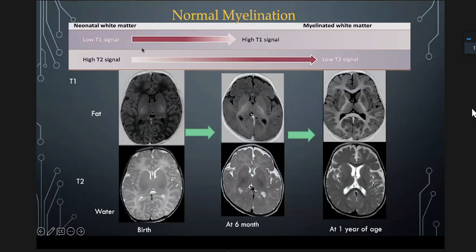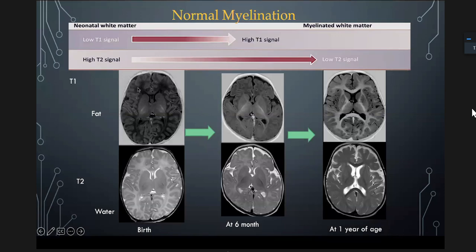Now, normal myelination. How does normal myelination look? Here we have the T1 and T2 weighted images at birth. At birth, the neonatal brain has a lot of water content. The white matter is not myelinated and the fat content is less.